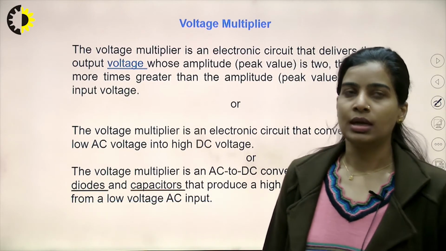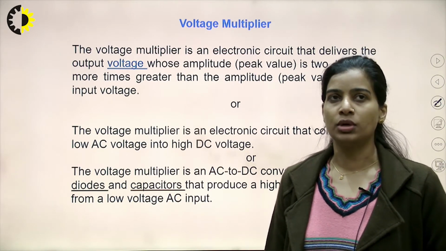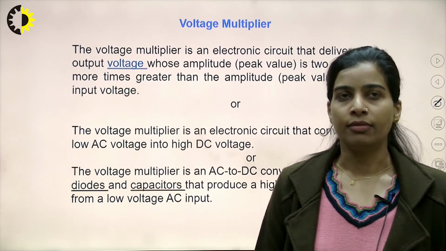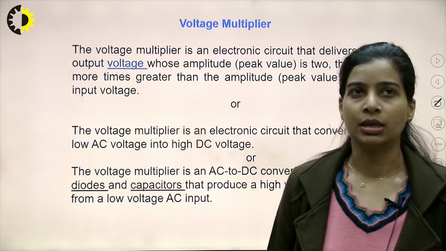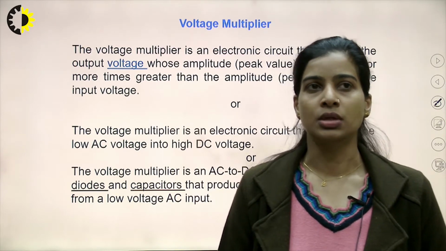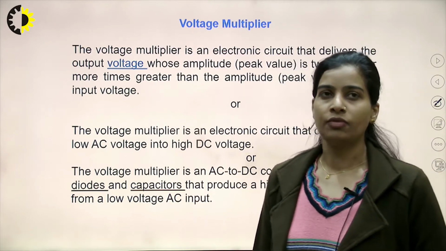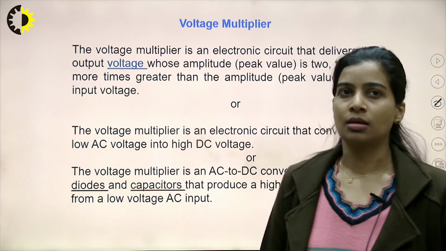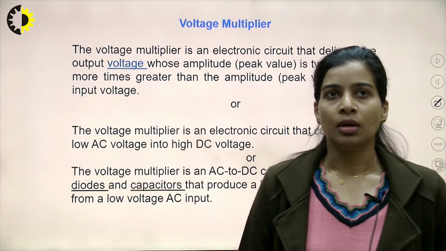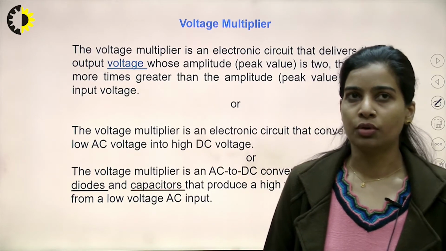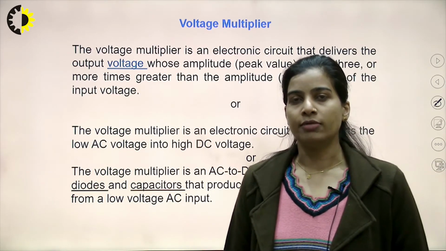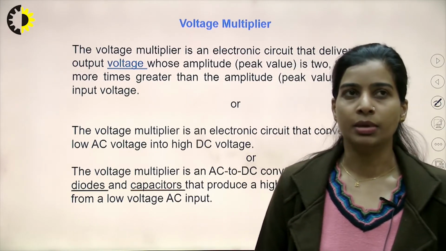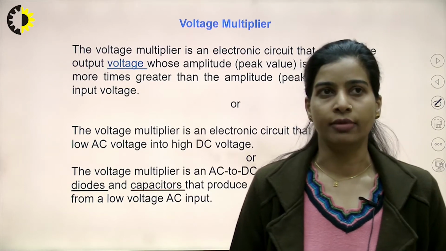In the previous lecture I discussed that a voltage multiplier is a circuit that we use to get a multiple of the voltage peak value. In the half wave rectifier and full wave rectifier, we get an output with a peak value near that of the input voltage. The maximum voltage level we get at the output is less than or equal to the input voltage level.